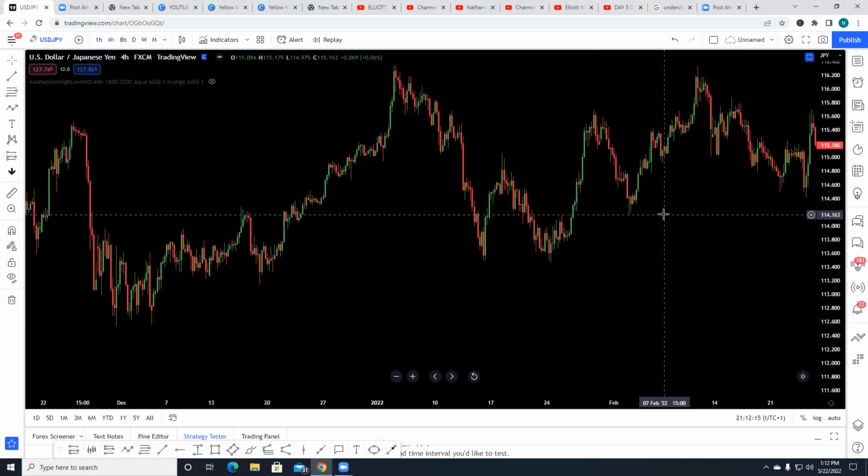Some of these things you cannot just know by looking at the structures alone. You need some special indicators to guide you, and you don't rely on those indicators alone. You must use them as a guide.